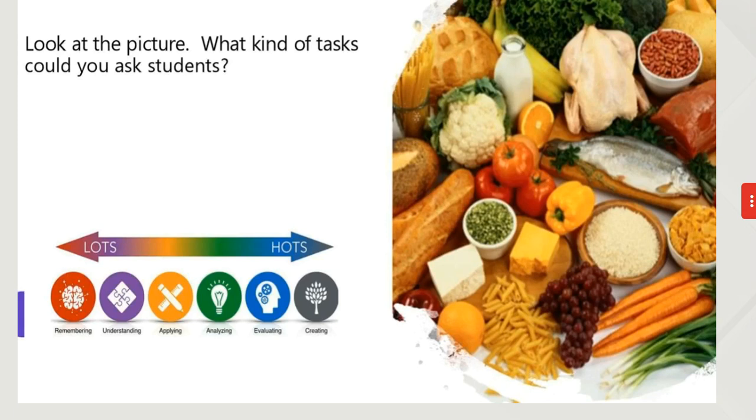But for now, well done, recipe writing, naming the vegetables. Okay, so if we're thinking about Bloom's taxonomy, going from lower order thinking skills to higher order thinking skills, we could ask our students to do different tasks, depending on how much cognitive demand we want to give them.